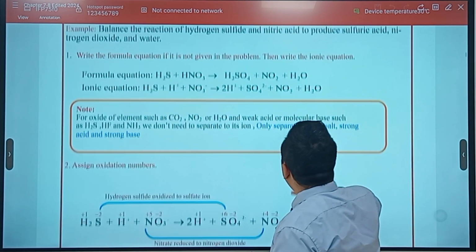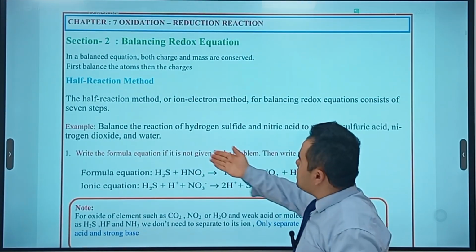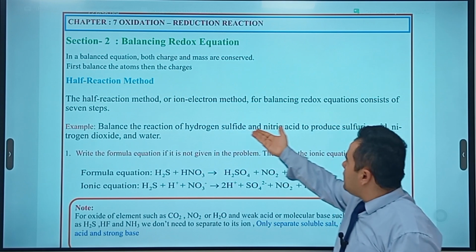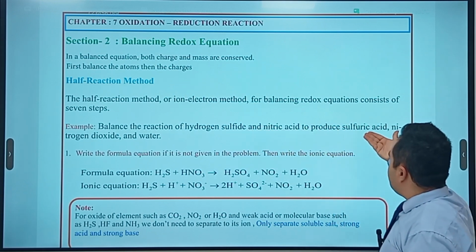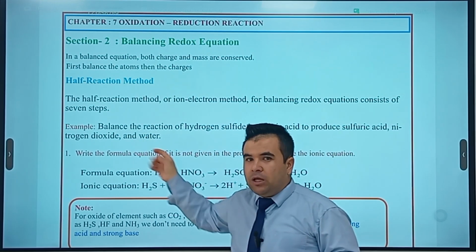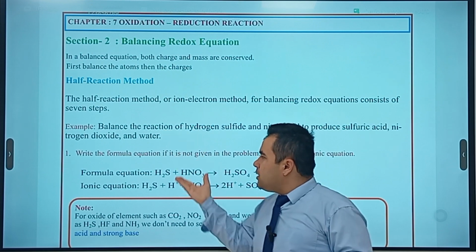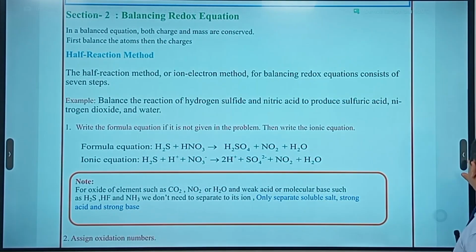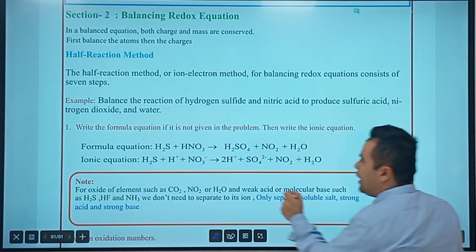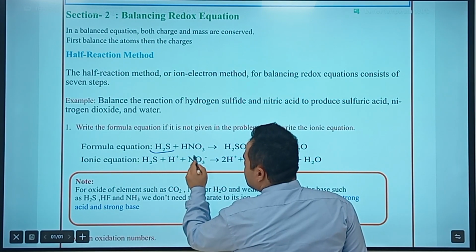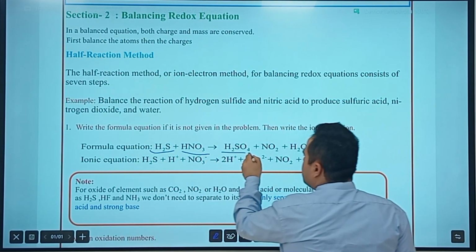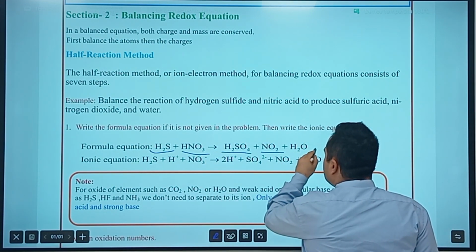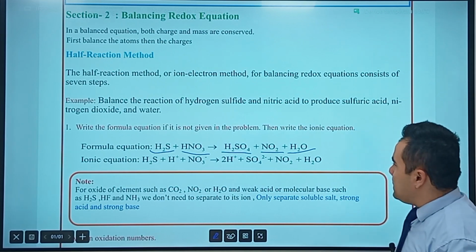So here the word equation is given. The word equation is: hydrogen sulfide and nitric acid produce sulfuric acid, nitrogen dioxide and water. First step is to convert this into the formula equation. The formula equation: H2S plus HNO3 forms H2SO4, NO2 and H2O.